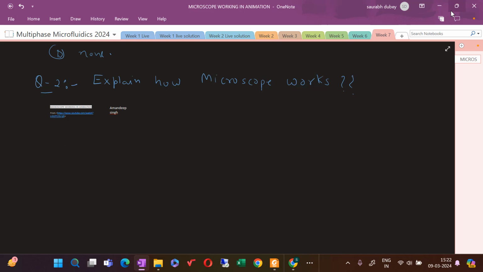So this can be an inverted light microscope, or this could be an upright light microscope. Okay, so there could be two choices. Both will be functioning in incidence and transmitted mode.